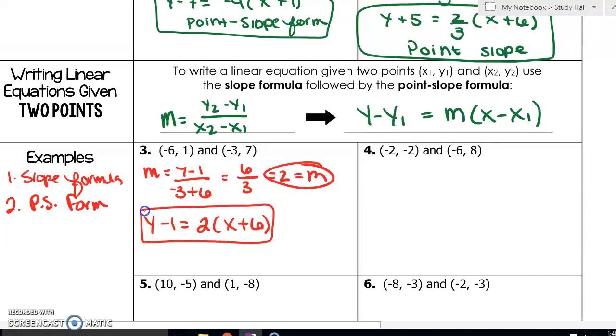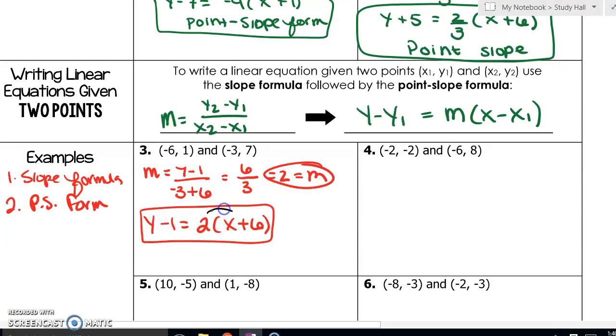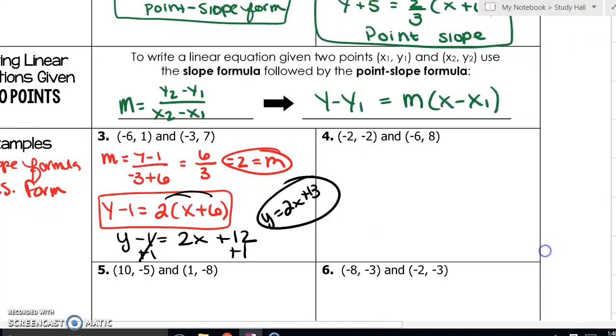And that's it. You could also change that to slope intercept form if you wanted to by distributing 2 and then adding 1 to both sides. And that would be y equals 2x plus 13. Okay, number 4.